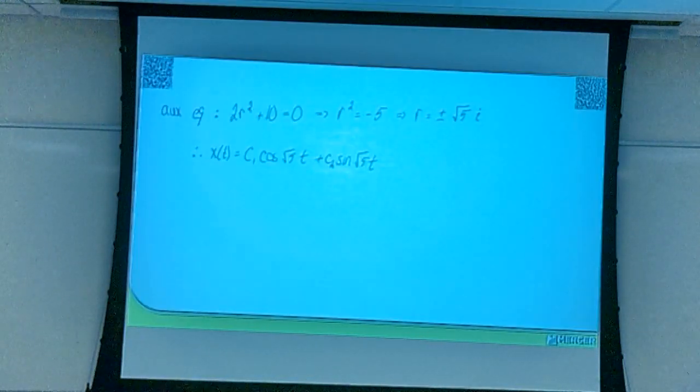We now apply the initial conditions, which means we need to take the derivative of that. What is its derivative?